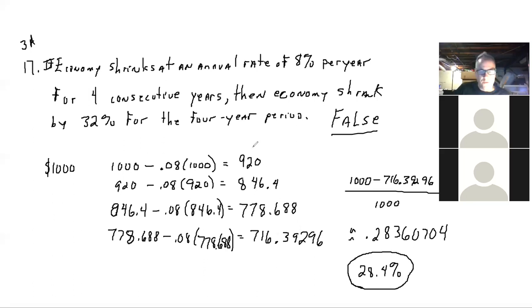But I do know these numbers are correct. And that when I had worked out this problem previously and had it written down here, this was the actual percentage. I mean, if you take 8% for 4 years from your national economy, you're always actually going to shrink to this value right here.